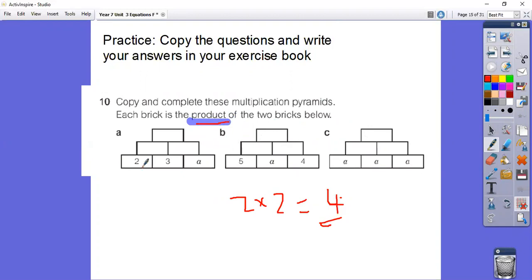An example of this one is, well, 2 times 3 is 6, 3 times a is 3a, then 6 times 3a is 18a. Again, I'll leave you to do part B and part C. Copy the pyramids, make them nice and big, because I would imagine you're going to have large numbers right here at the top.